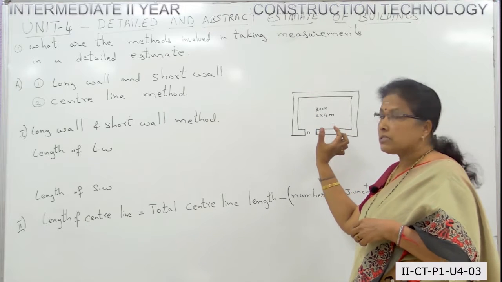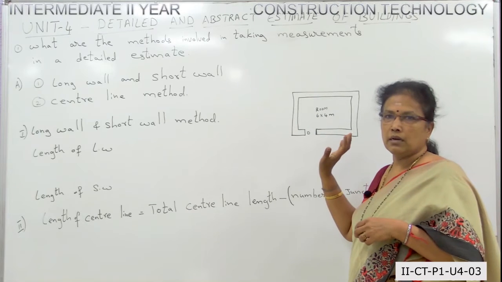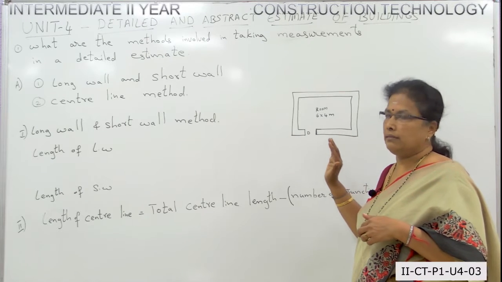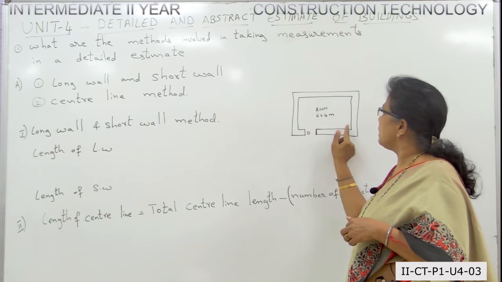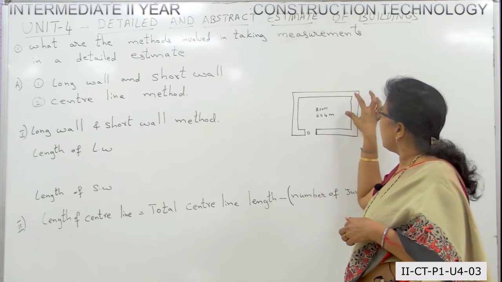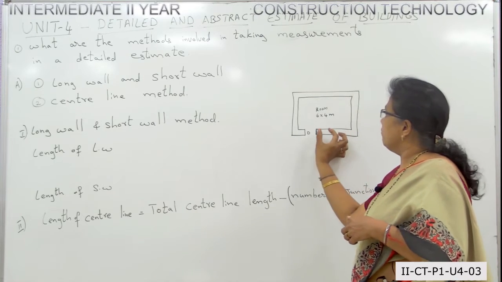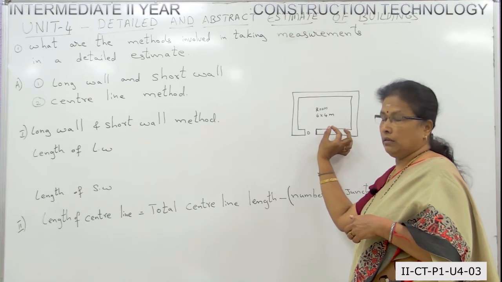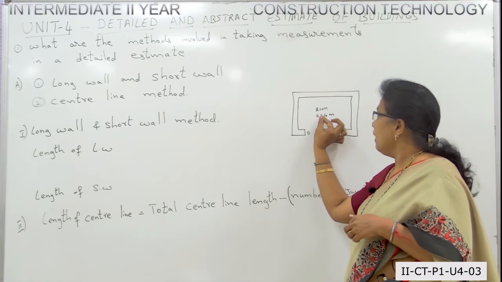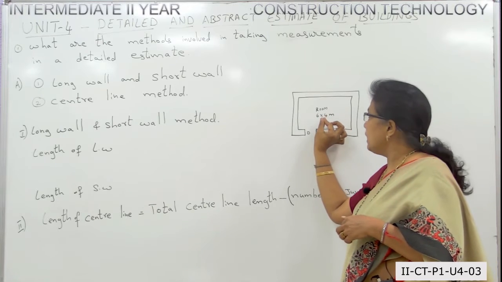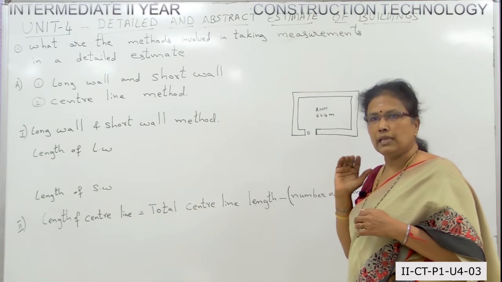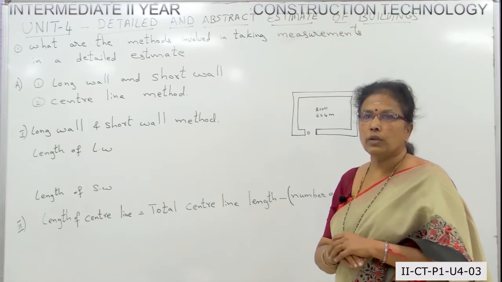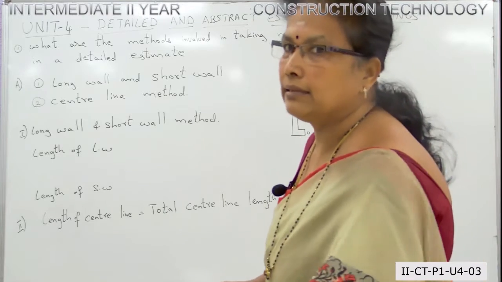The wall you take first is counted as the long wall, irrespective of its length. It doesn't depend upon the length of the line. It only depends upon the first one you take being the long wall, and the next one you take being the short wall. Hope you understand. Now, how to calculate the center line length.